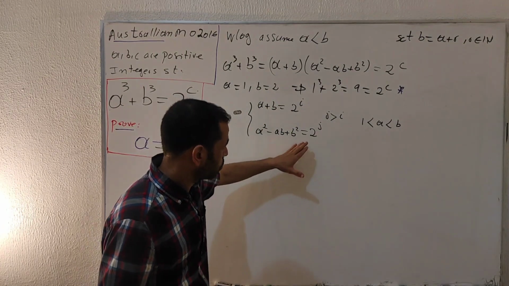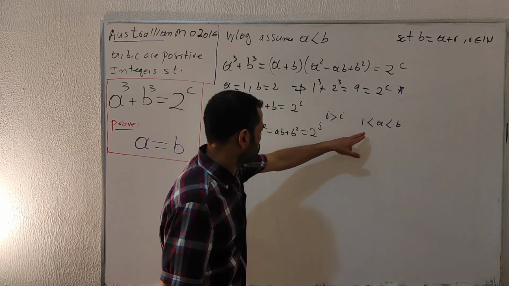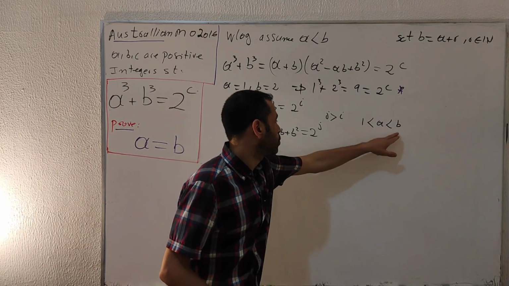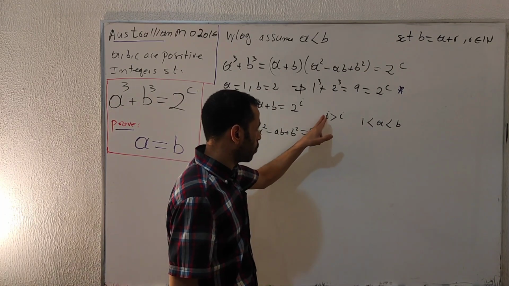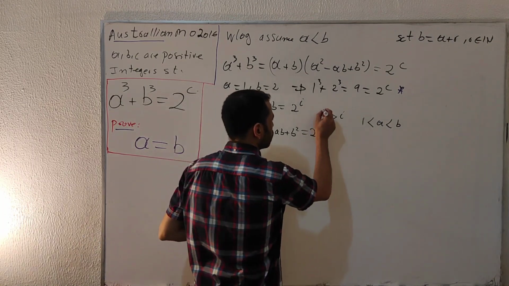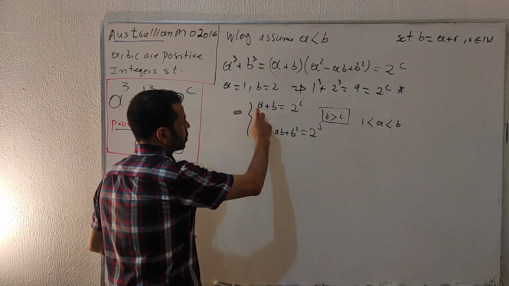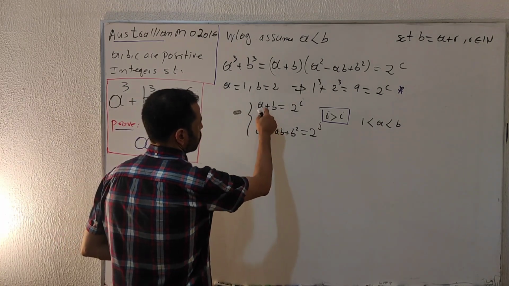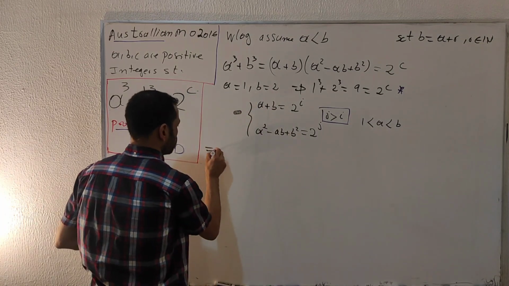So I'm going to study this on this interval. This verifies this condition, because if you replace A with 2 and B with 3, this is valid for all this interval. We will have J strictly superior than I. This condition is very important. Now some motivation: in order to cancel out A squared and B squared, I'm going to raise the first equation to the power of 2.